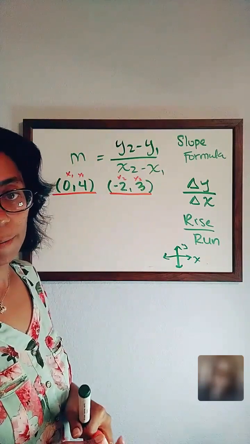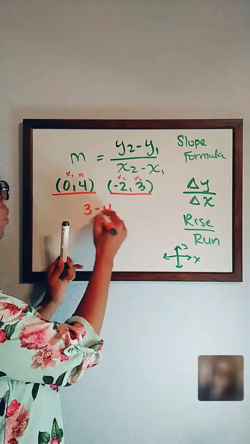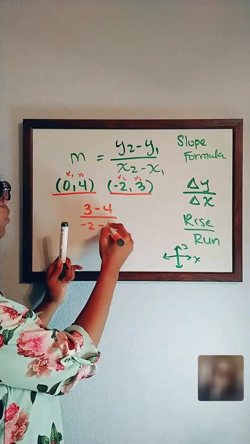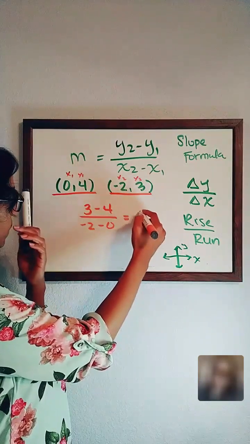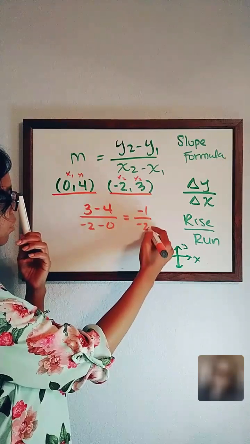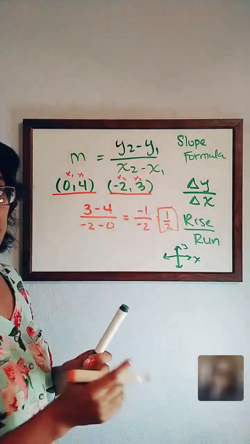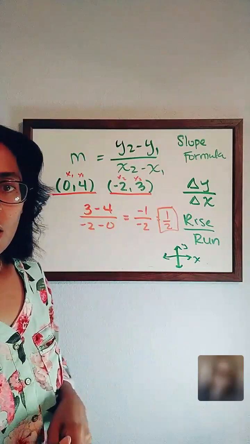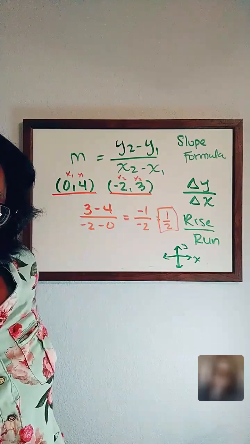So I'm going to do 3 minus 4 over -2 minus 0. And that'll be 3 minus 4, which is -1, over -2, which is actually going to be a positive 1/2. So the slope would be 1/2. You're not adding it, it would be 3 minus 4, so it would be negative, not 7.